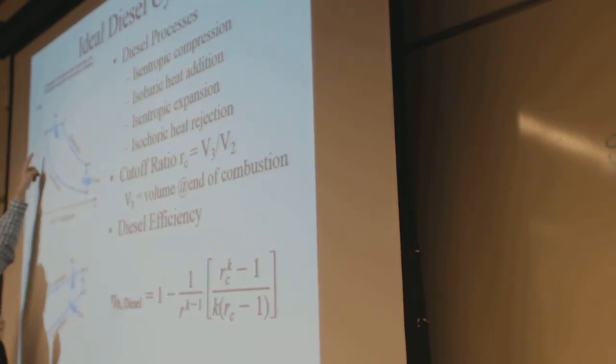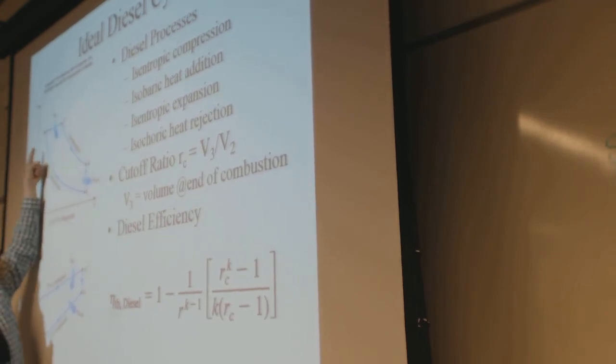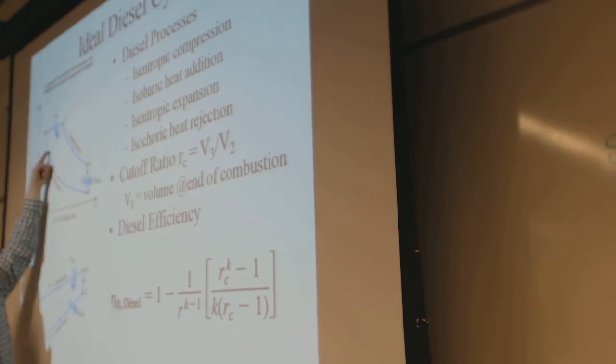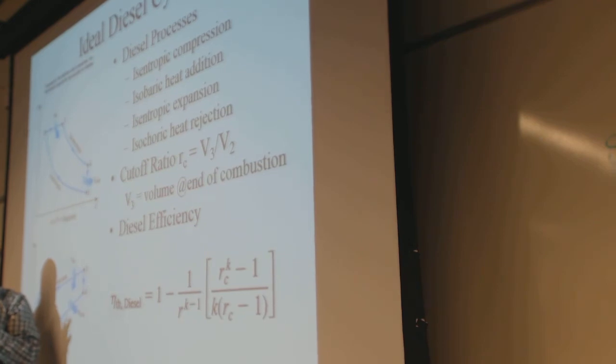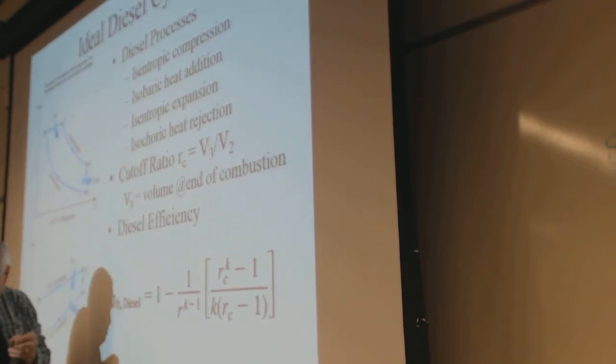And then when it gets to that point, they inject the fuel. Depending on how much fuel they inject, they model it as a constant pressure expansion. So as the piston's moving, it's burning and pushing, keeping the pressure up. And when the fuel stops burning, then the pressure drops.